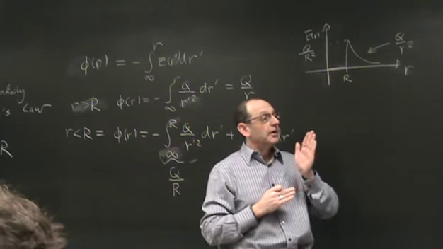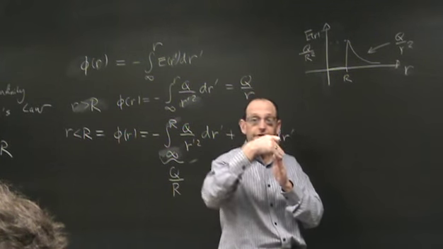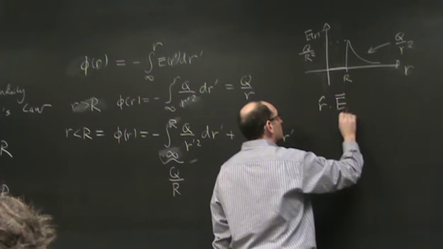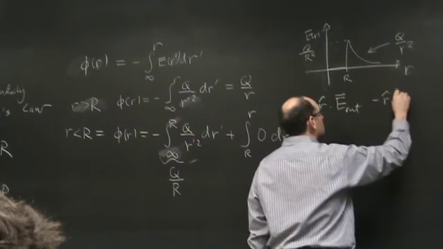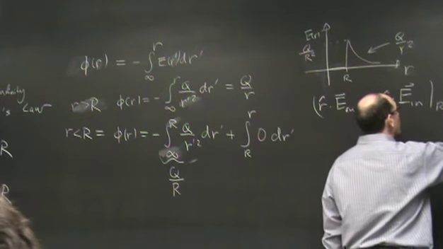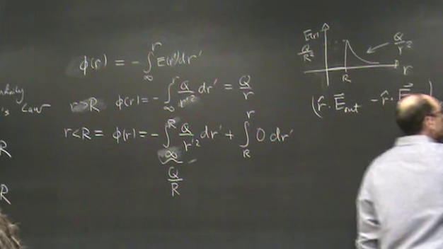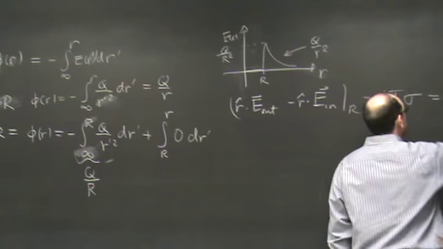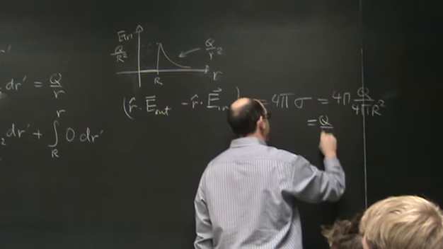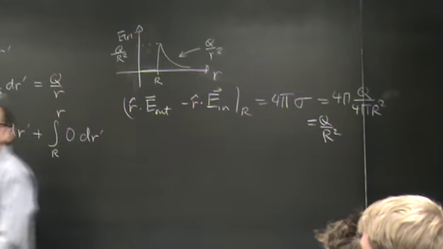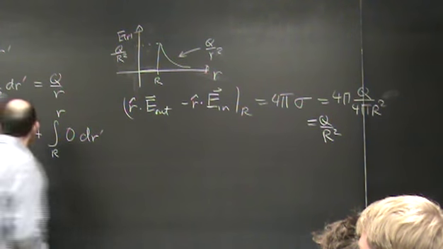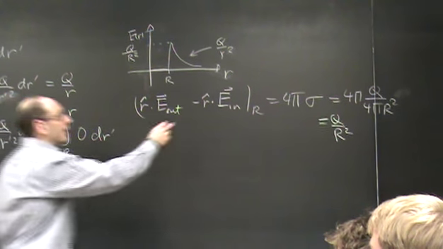The component of the field perpendicular to the surface, normal to the surface, at the radius is 4 pi times the surface charge density, which is 4 pi times Q over 4 pi r squared, or Q over r squared. Right? Inside is 0, outside it's this.